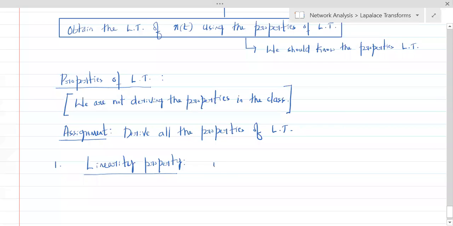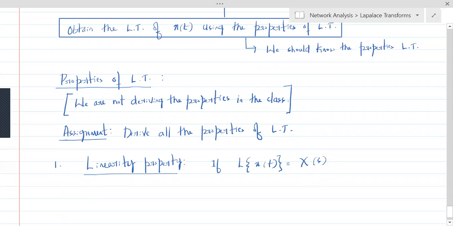See here, if you have x of t, the Laplace transform of x of t is X of s.